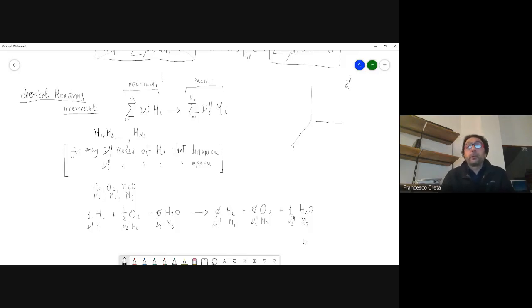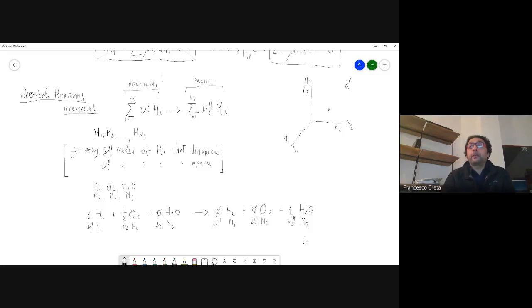But suppose that each axis represents essentially the quantity of each species, okay? In fact, I'm using another notation, which is the number of moles, N1, N2, and N3, which symbolically represents species 1, 2, and 3.